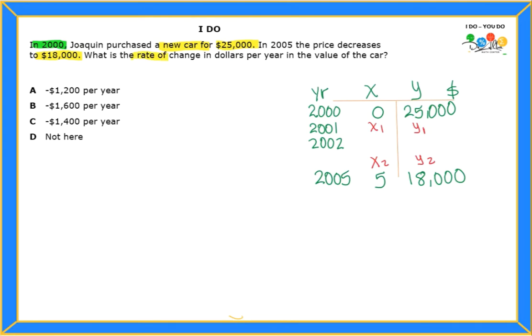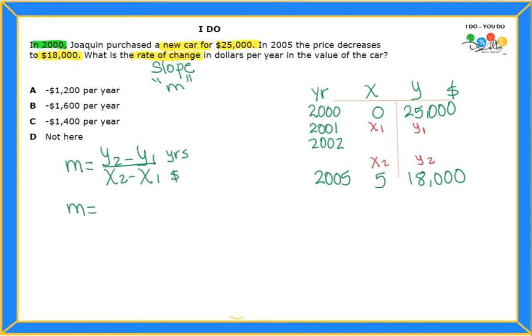And another word for rate of change, if you remember, is slope, and it is also represented with an M. So I'm going to write down M equals Y2 minus Y1 over X2 minus X1. Now, go back and think about what the Y is. The Y is the money. And the X is the years, right?